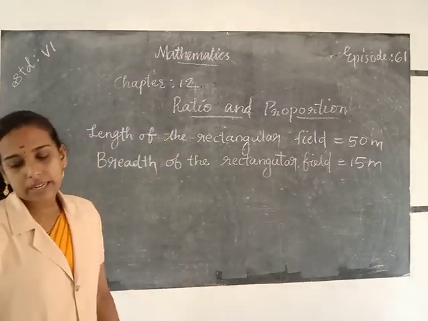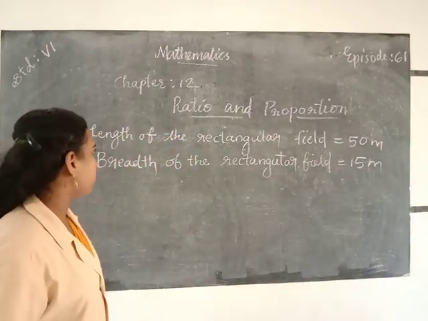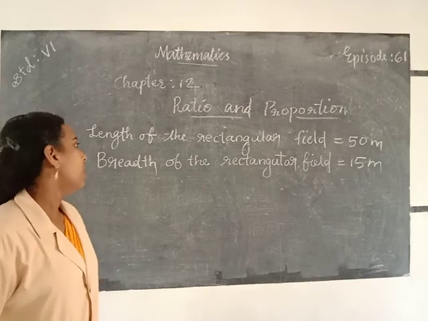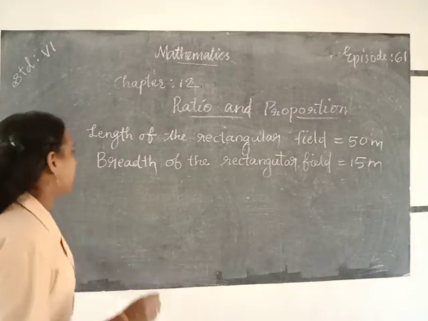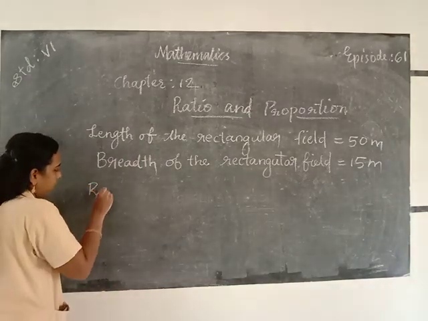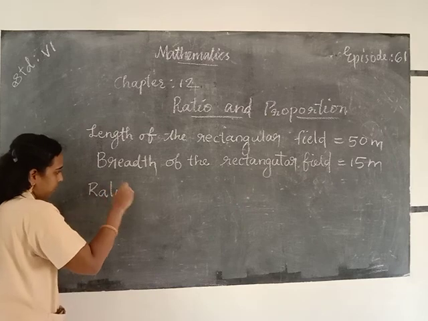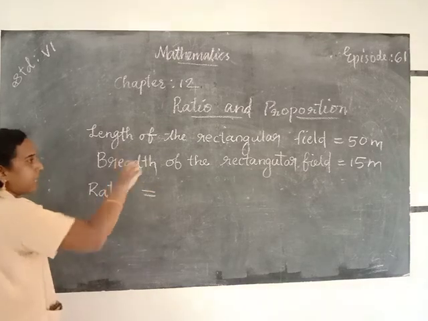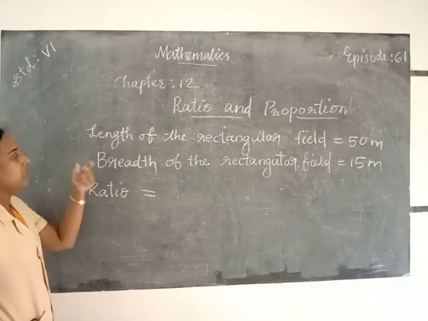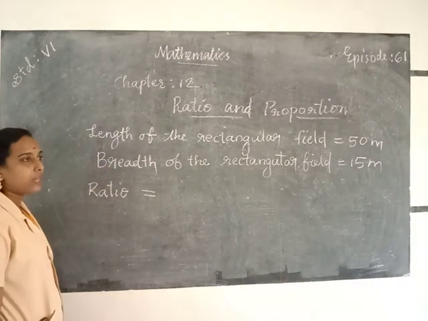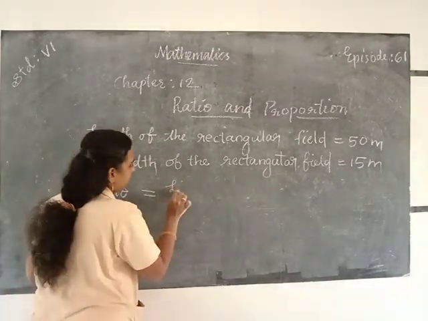And here we want to write the ratio of length of the rectangular field to the breadth of the rectangular field. So ratio is equal to length of the rectangular field divided by breadth of the rectangular field.